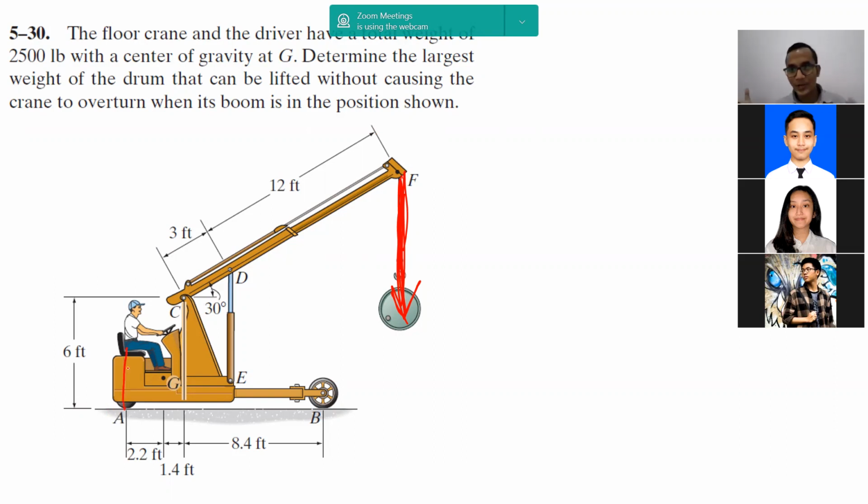So I try to make you imagine how it will rotate when it overturns. Because the weight here is too much, it's pulling too much, then the part at A will be going up, and the rotation will be centered at B like that.